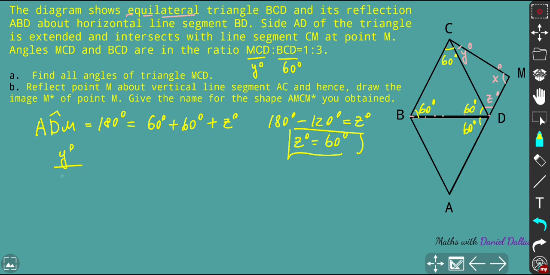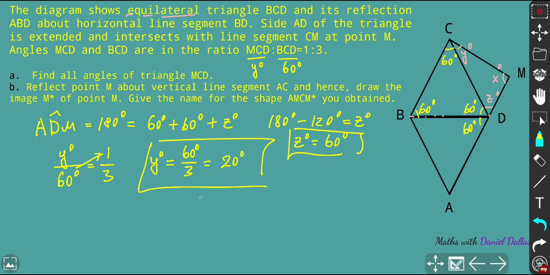I prefer using a fraction because it's easier to resolve this fractional equation. Cross-multiplying, I'm just going to transfer only the 60 to the other side, so the y value is going to be 60 over 3. That means angle y is 20 degrees, and we found one more angle.